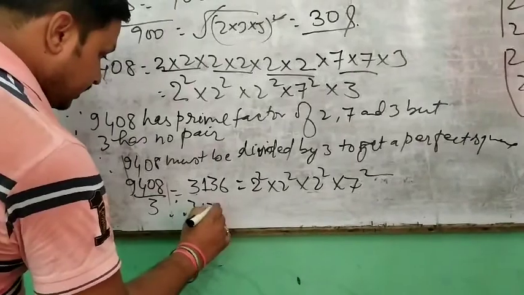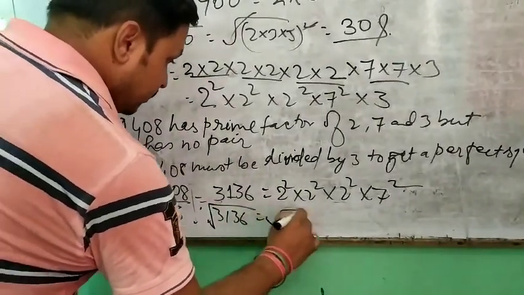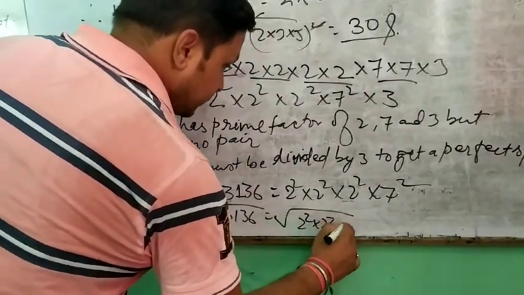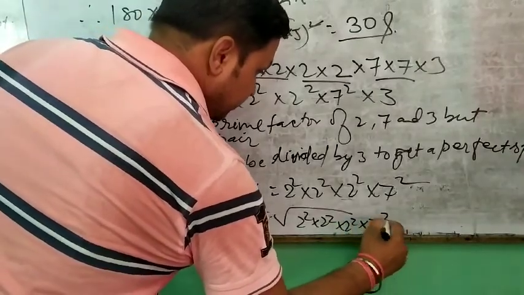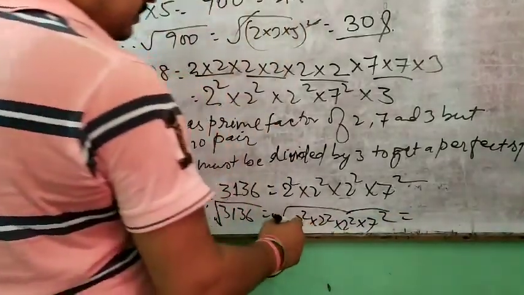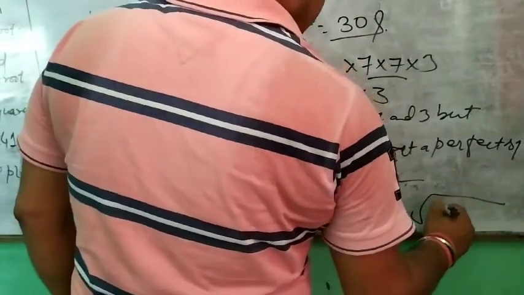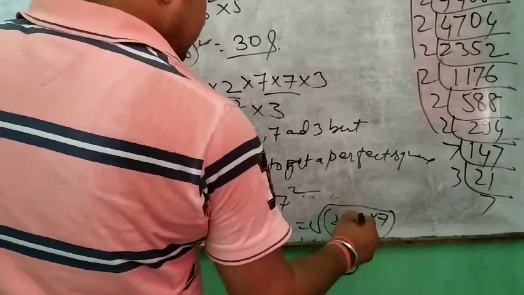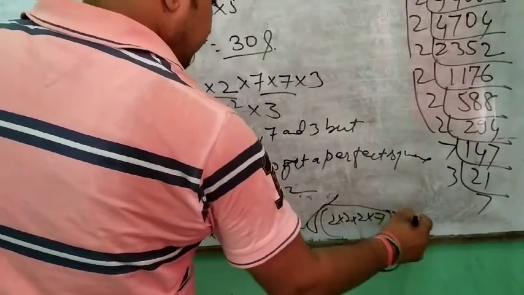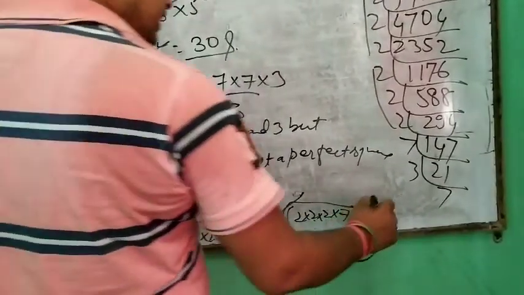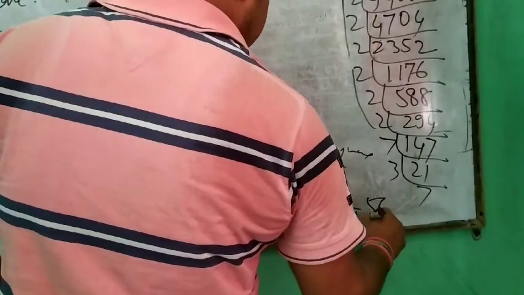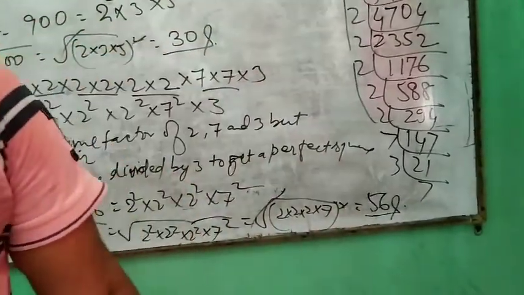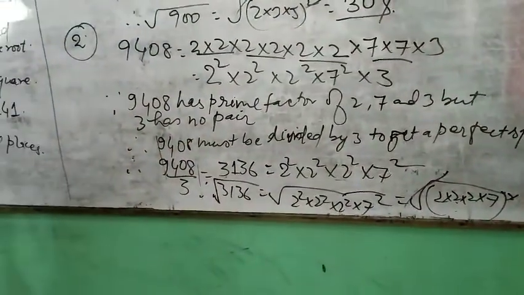So the square root of 3136 is root under 2 square into 7 square, which equals root under (2 into 2 into 2 into 7) the whole square. 2 twos are 4, 4 twos are 8, 8 sevens are 56, and that's your answer.